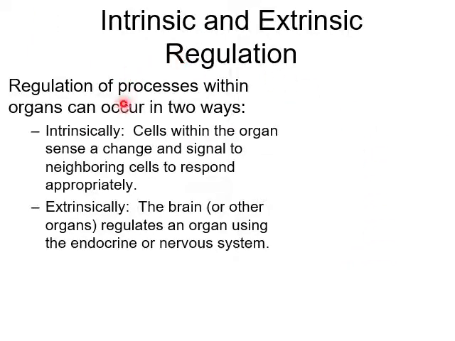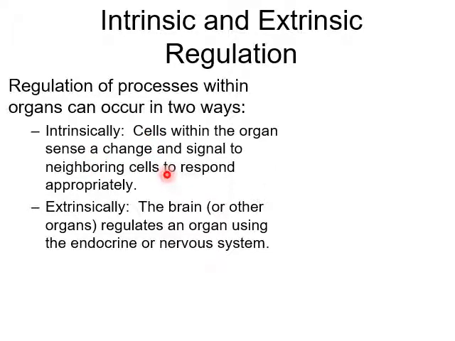So what are the modes in maintaining homeostasis? There's regulation. This can be intrinsic or extrinsic regulation. In intrinsic regulation, cells of the organ sense the change and signal neighboring cells to respond appropriately. This is intrinsic to the cells. The cells are regulating their own response and the neighboring response.